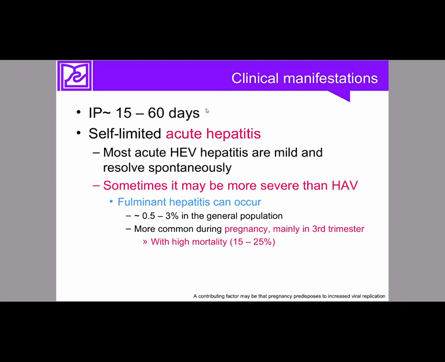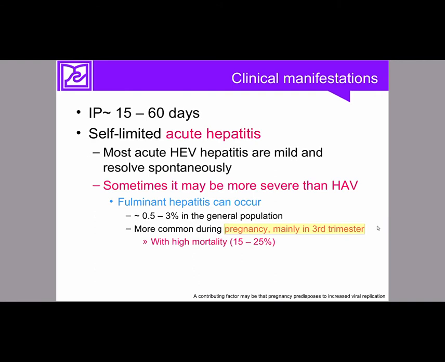Patients who become infected by hepatitis E develop acute hepatitis, very similar to hepatitis A. However, one difference with hepatitis A: fulminant hepatitis is more common in patients with hepatitis E, between 0.5 to 3% in the general population. However, pregnant women may suffer fulminant hepatitis.